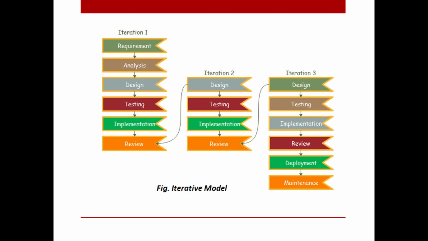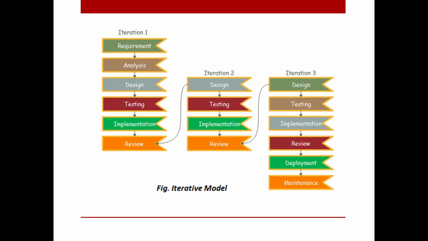The iterative model is used in some scenarios. First, when the requirement of the complete system is clearly defined and understood, then we can use the iterative model. The major requirements are defined while some functionalities and requested enhancements evolve with the development process.